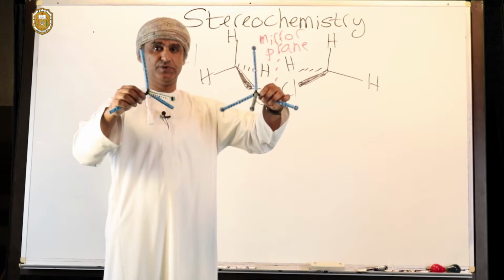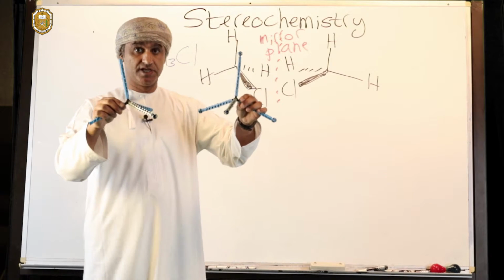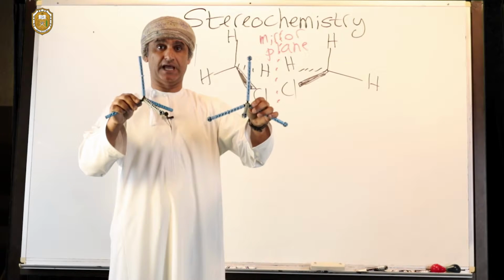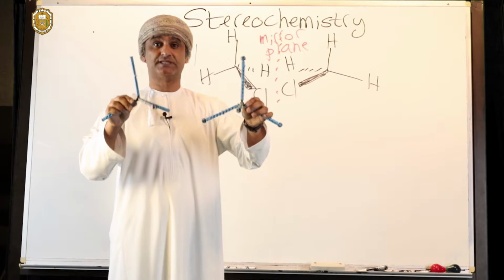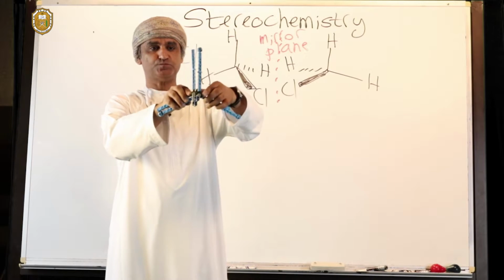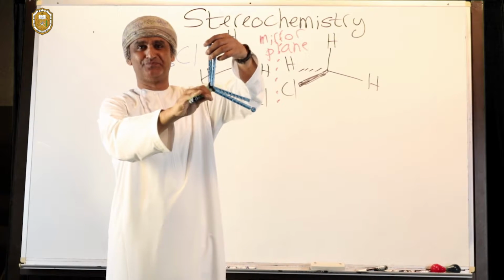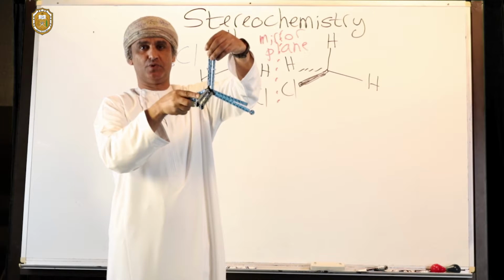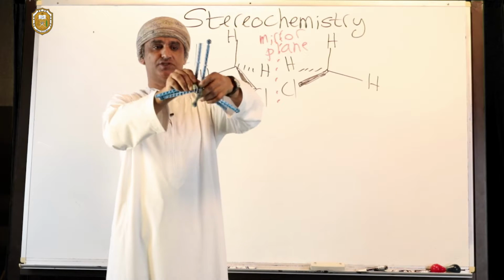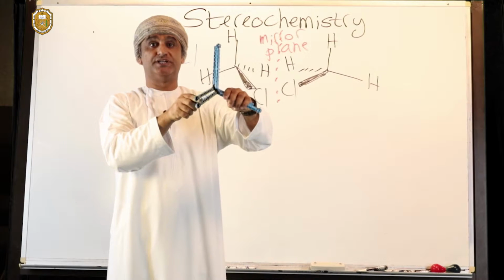But can we superimpose these models on each other so that we get exactly the same, basically one model? And the answer is yes, we can. Green on green, blue on blue. So these mirror images are actually superimposable on each other.